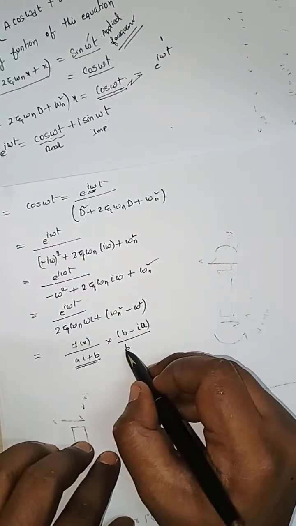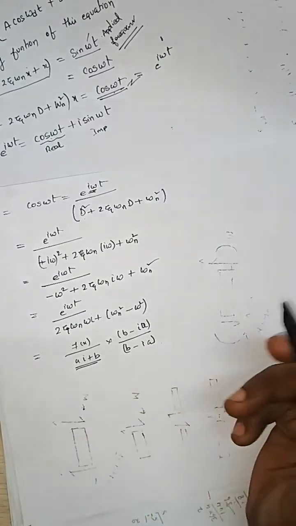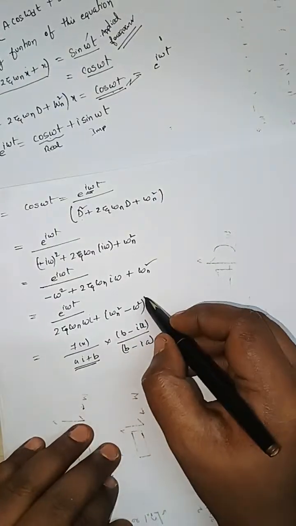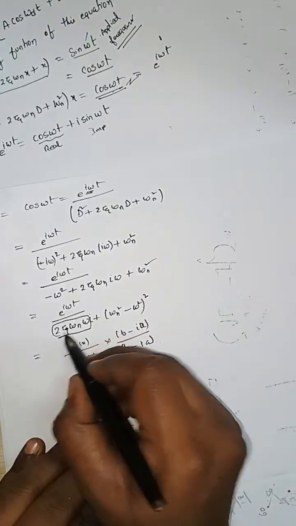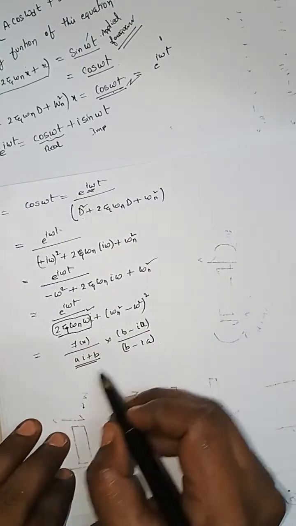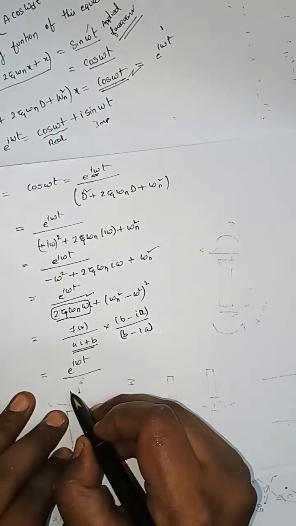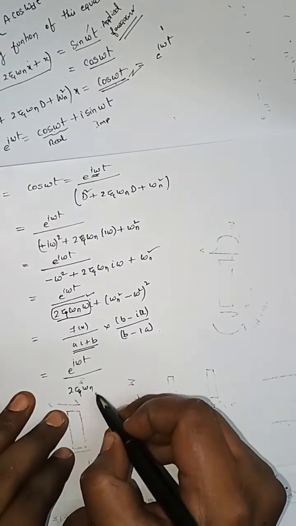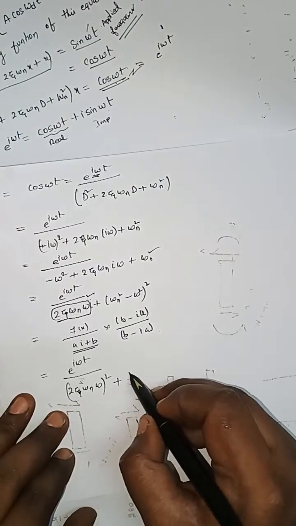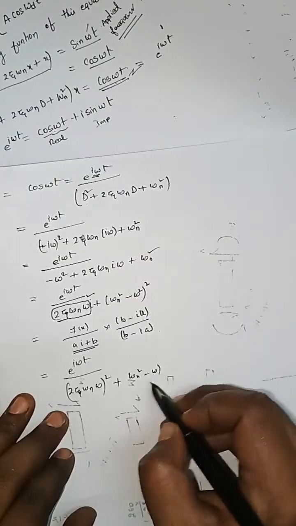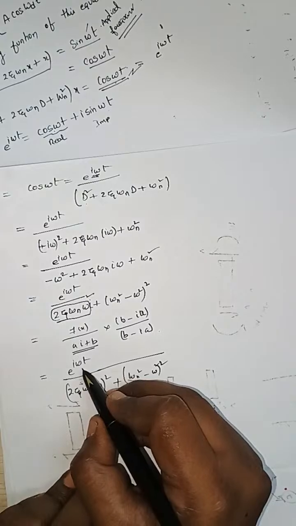Rationalizing the denominator, you will end up with a square, something like 1 over 2 zeta omega n omega whole square plus omega n square minus omega whole square.